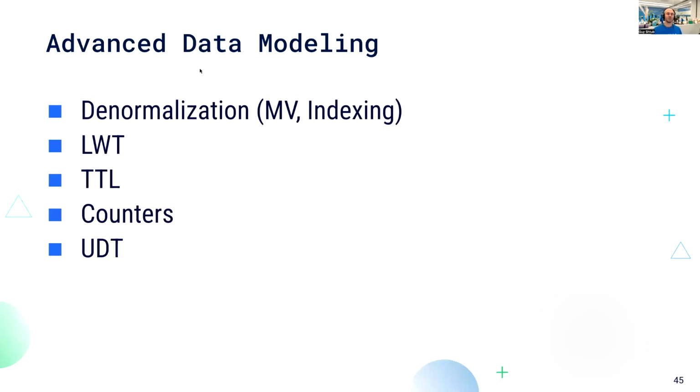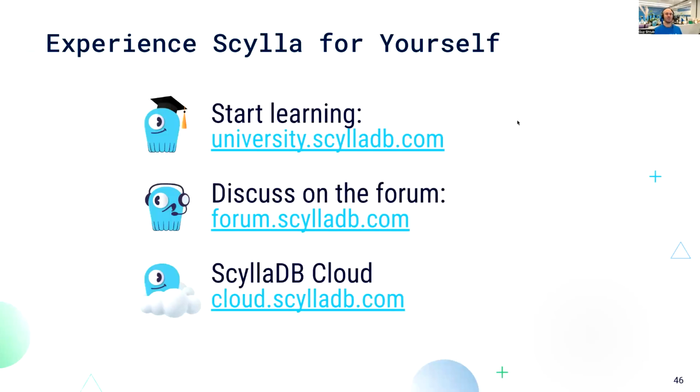Say in the heart rate example, we write the dog's heart rate every second, but we want to keep it just for a week, so we can define that, and the database would automatically delete it. Counters are a special column that allow us to, just like you would expect, raise the counter in a consistent manner. And user-defined types are a special type that's more advanced. You can see all these examples in ScyllaDB University.